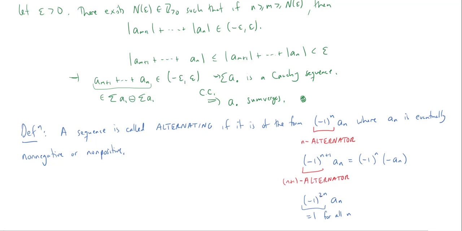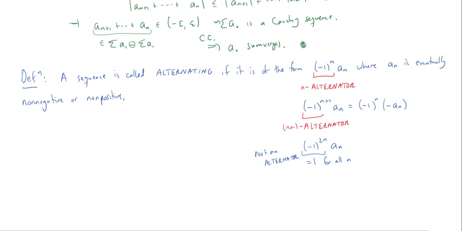And negative 1 squared is 1, and 1 to the n is 1. So this is not an alternator. Okay, so you have to be careful. You really need to have some function here which is oscillating between odd and even. You can't have it always be even. All right, so that's an alternating sequence.